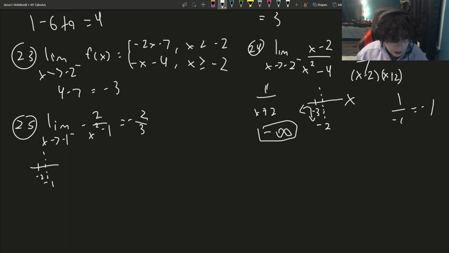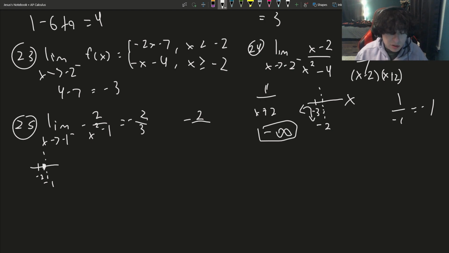And the reason that it's negative infinity is because, what if you choose negative 1.01? So it's going to be right here, negative 1.01. You're going to have negative 2 over, if you have 1.01 times 1.01, you're going to get about 1.001.